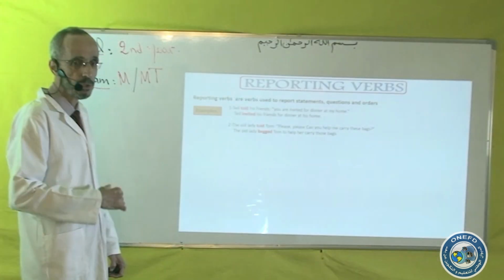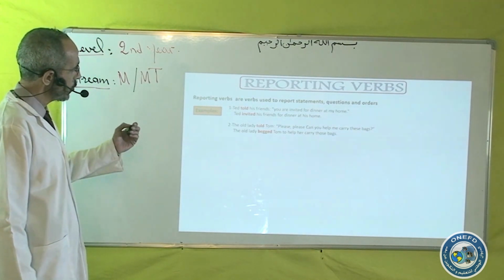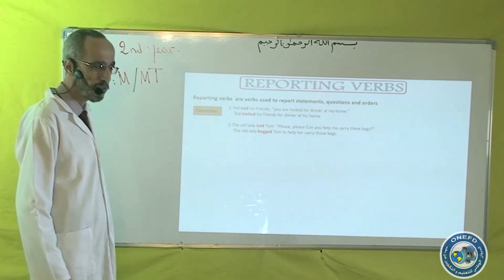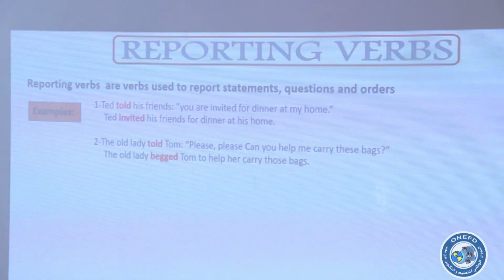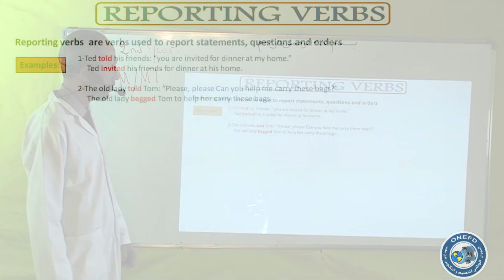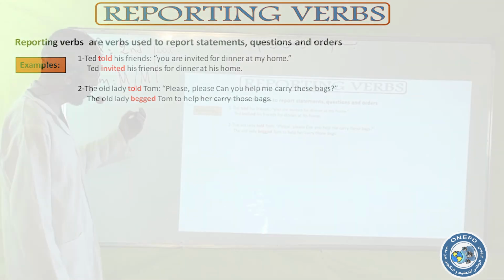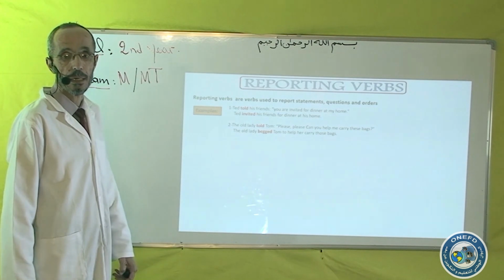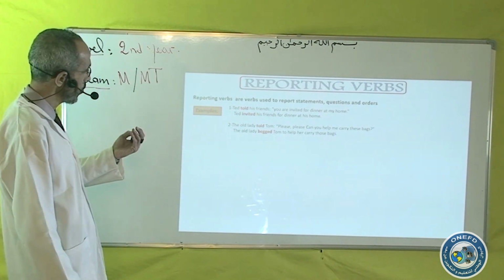When we report that, we use a verb. Ted invited his friends to dinner at his home. Example 2. The old lady told Tom, "Please, can you help me carry these bags?" When we report this request, we report it this way.